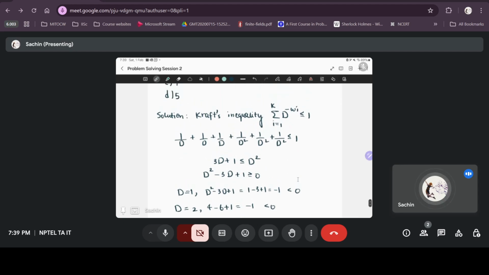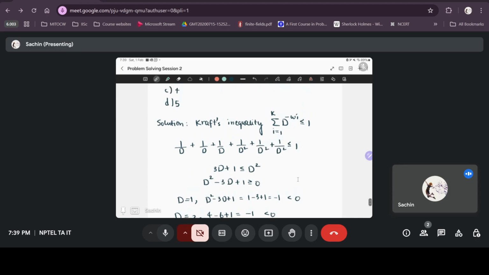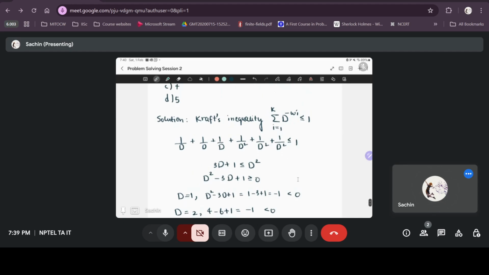Let me see, maybe I made a mistake somewhere. This was 1 over d plus 1 over d plus 1 over d plus 1 over d square plus 1 over d square plus 1 over d square. Okay.